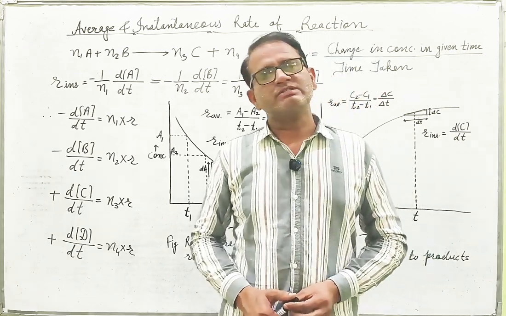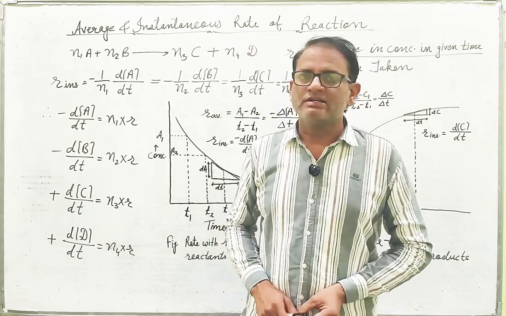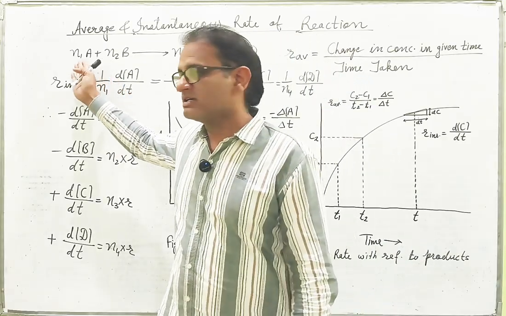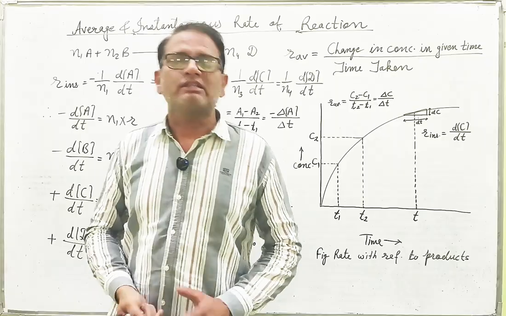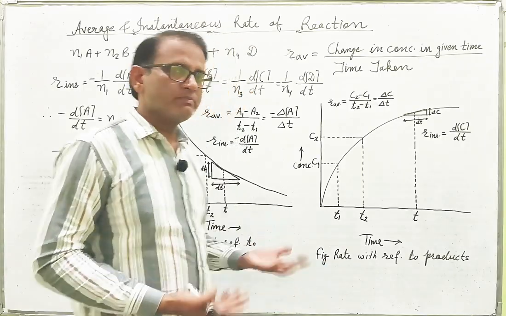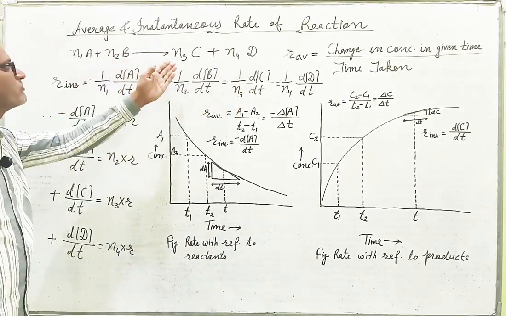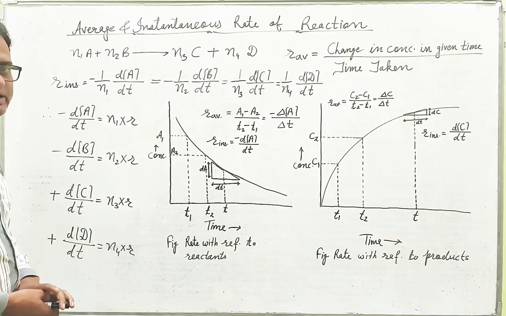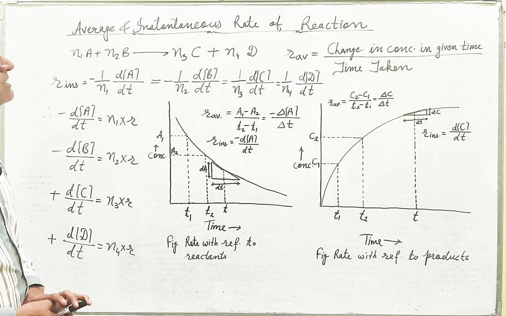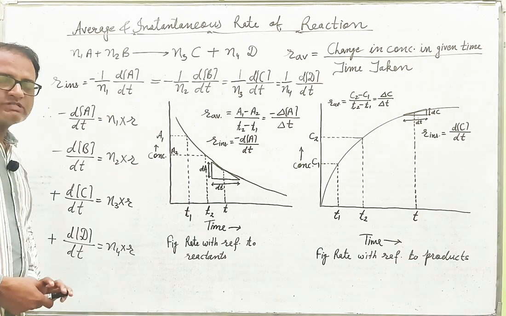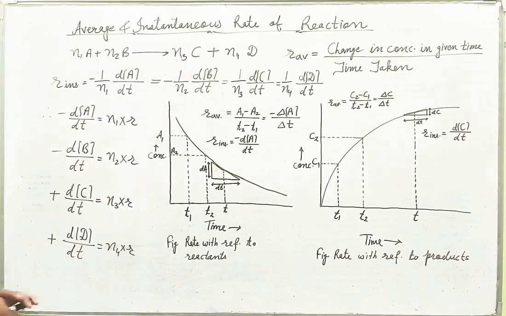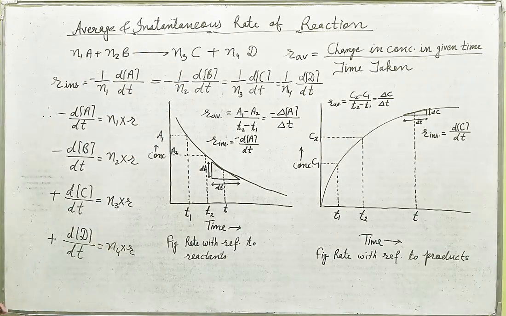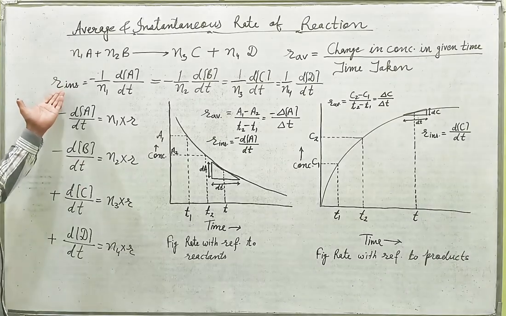How to calculate instantaneous rate of a reaction for a general reaction like this, n1A plus n2B, where n1 and n2 are number of moles of A and B, converting into n3C plus n4D, where again n3 and n4 are number of moles of C and D. These are the stoichiometric values of reactants and products. So how to calculate R instantaneous?